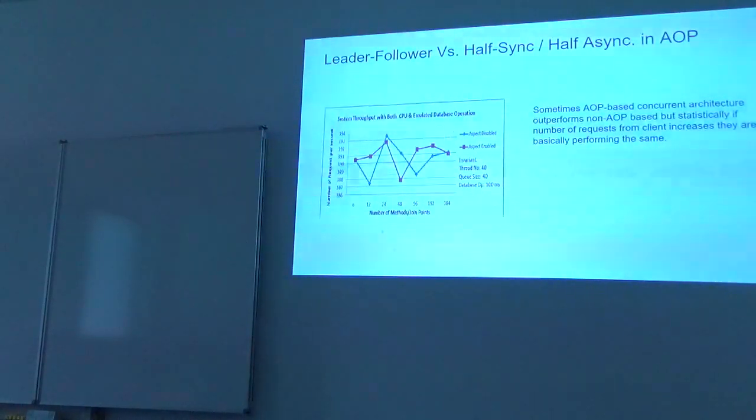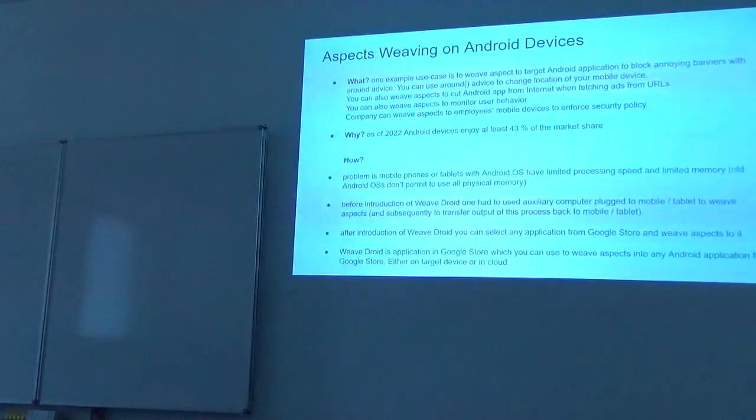AspectJ. Interesting. Okay, so we are moving slightly to the last use case, and this use case is about weaving aspects on Android devices. The question arises, why do we want to weave aspects into an Android application?